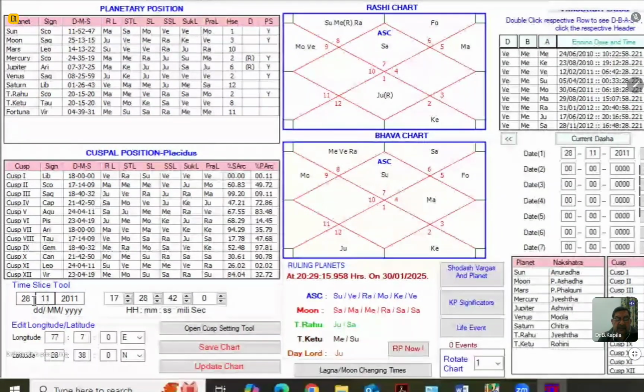So it means 28/11/2011, and I will have to add 7 months to it. Which would mean that it comes approximately to which date? 5th or 6th month.